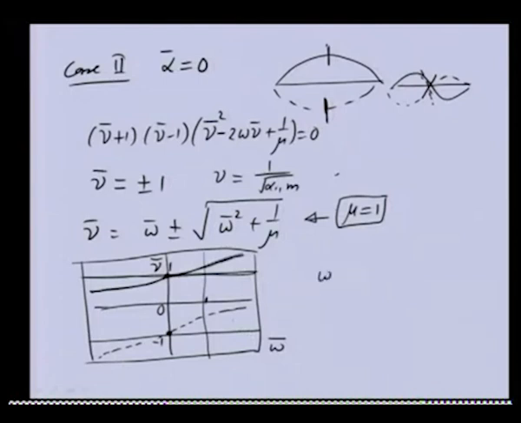For positive omega, we get these 4 intercepts. If we use the negative, let us say here, again we will get 4 intercepts, but those intercepts will be symmetric. That means these intercepts will be the same as these ones, and these will be the same as this one.